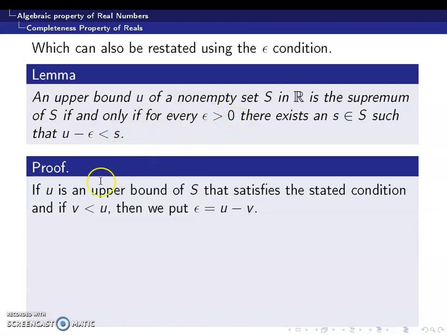So we have to prove that U is the supremum of the set. So we use the lemma which we have stated in the previous slide. So if we take V which is less than U and epsilon as U minus V, since V is less than U, this is clearly positive.